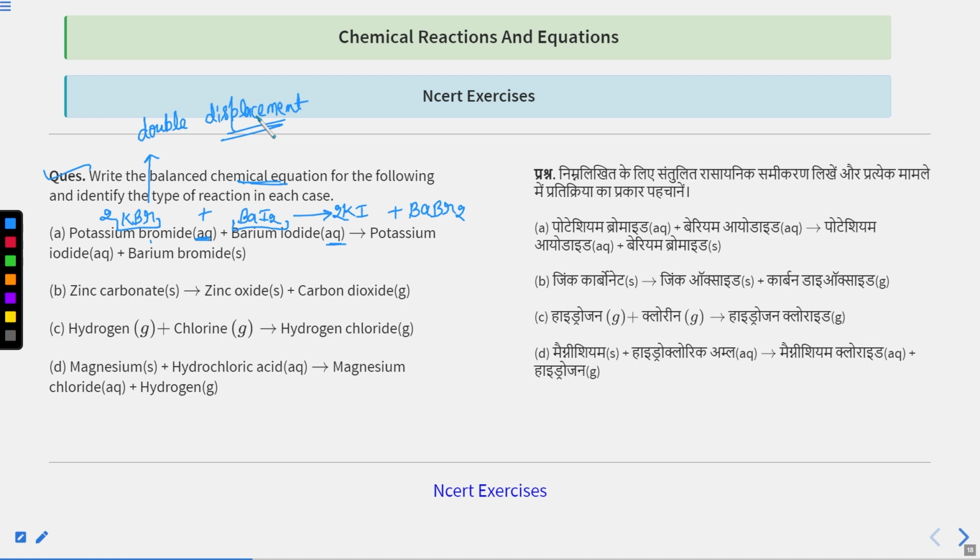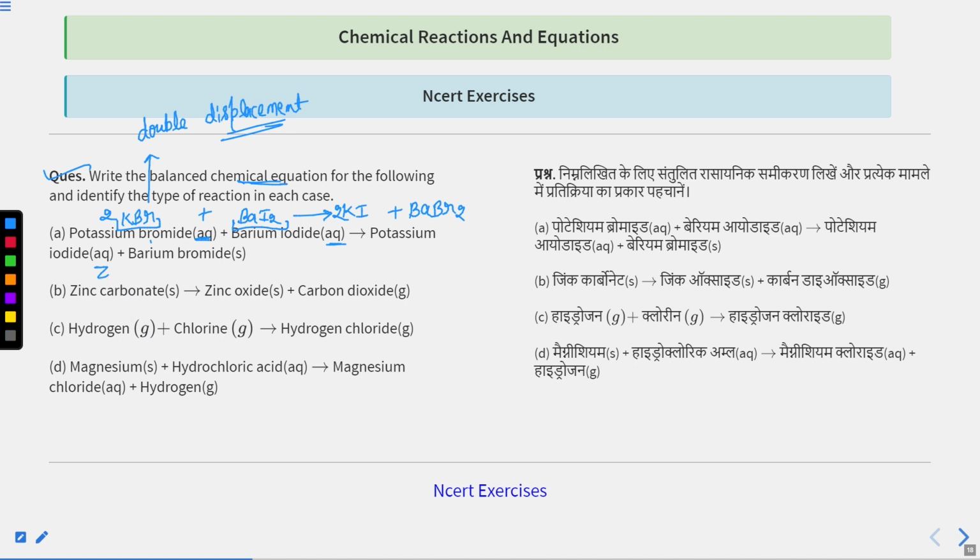Due to the exchange of ions, that means cations and anions are exchanging their positions from the reactant side, and they are forming new substances, which are potassium iodide and barium bromide. So this is a balanced chemical equation, and the type of this particular reaction is double displacement reaction.